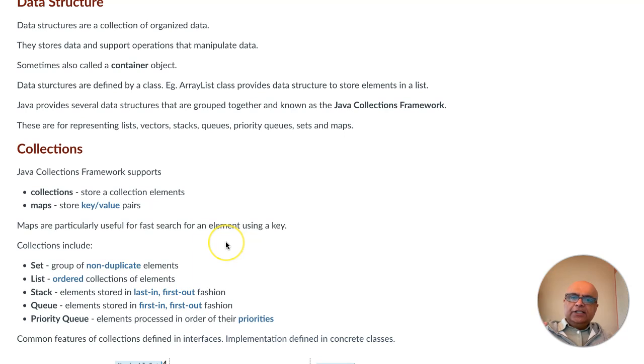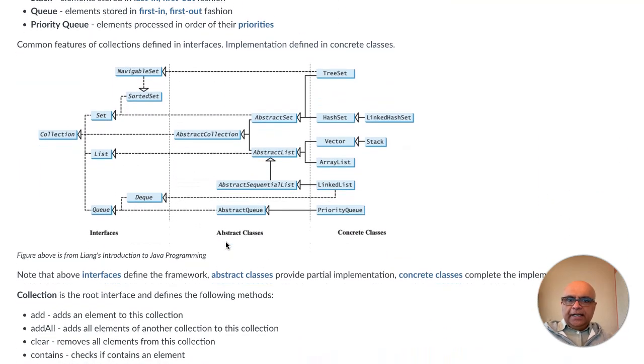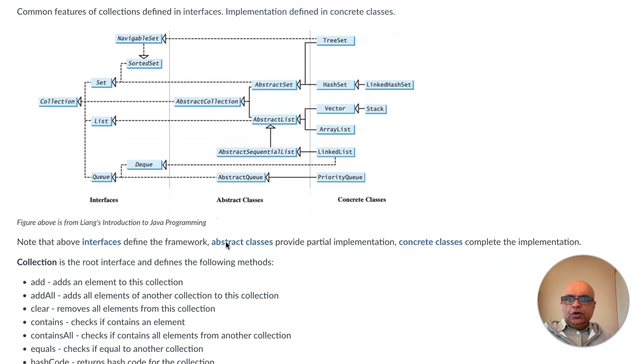So for that, let's look at the UML diagram for collections, right? This is the bigger UML diagram for the collections that we will talk about in this lesson. One pattern you'll see is that the framework for the collections is defined by a set of interfaces, right? And that's why the names are in italics.